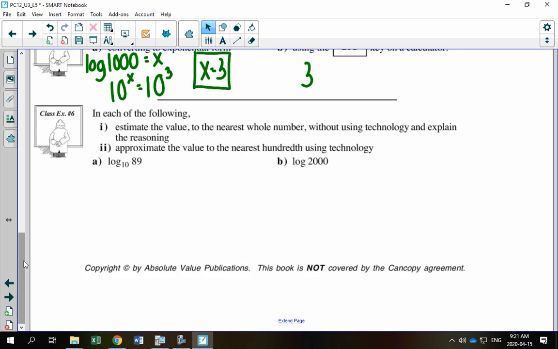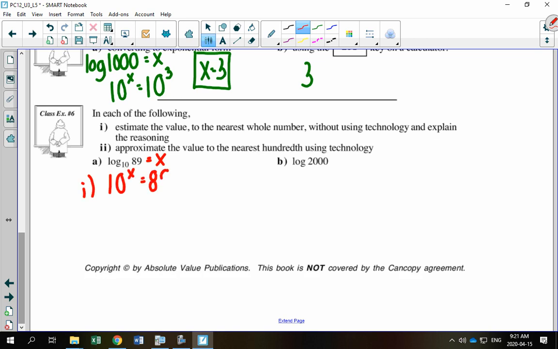Okay, number 6. In each of the following, estimate the value to the nearest whole number without using technology, and approximate the value to the nearest hundredth using technology. So if we had this first one, log 89 equal to x, we would go 10 to the power of x is equal to 89. Well, that exponent would be somewhere around 2, right? Because if x is 2, then we're at 100.